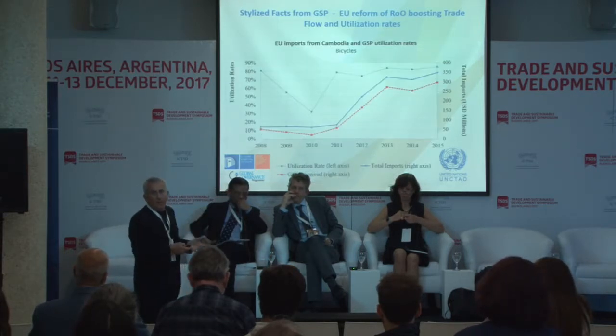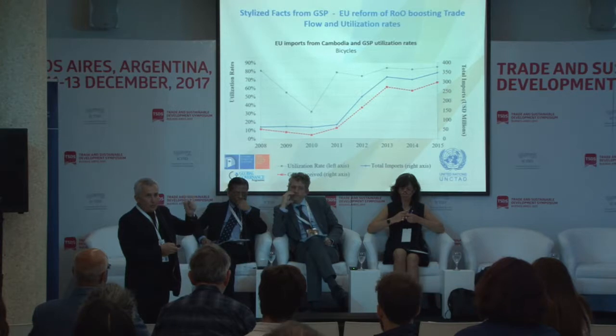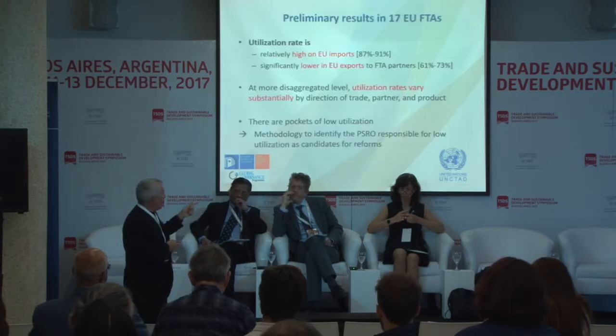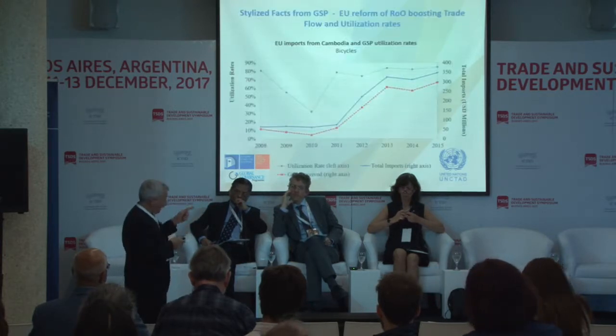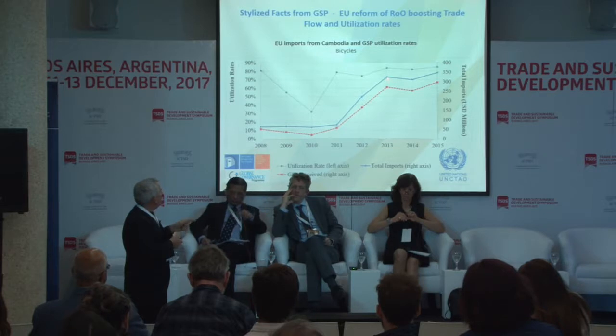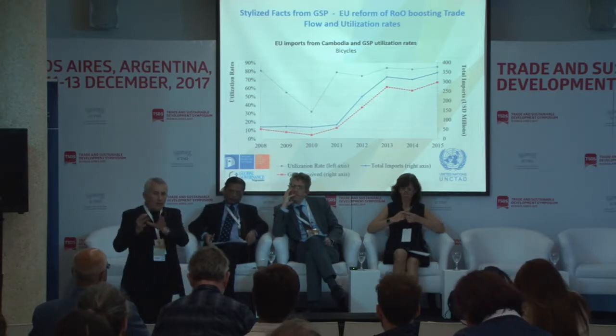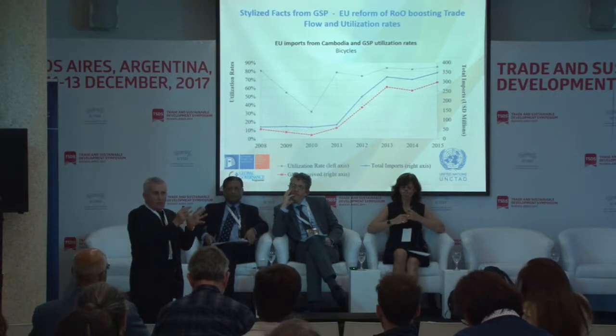This is one case, the bicycle from Cambodia to the European Union: a change of rules of origin, and then you have the increase of utilization rate from about 10% to, in 2 years' time, more than 80%. So a change of rules of origin generates a change in utilization rate.